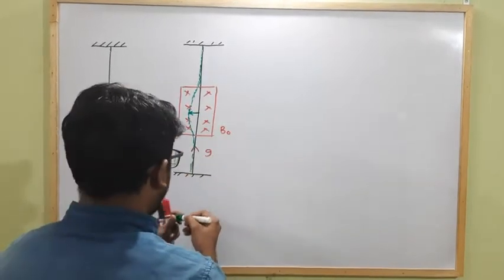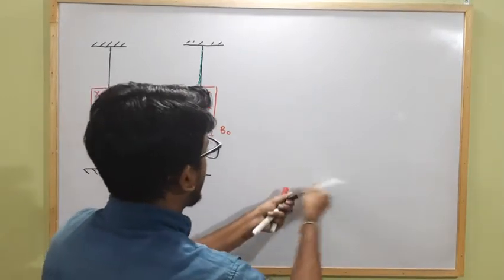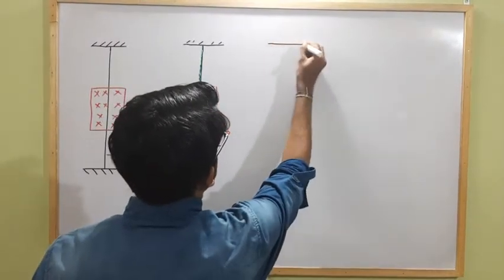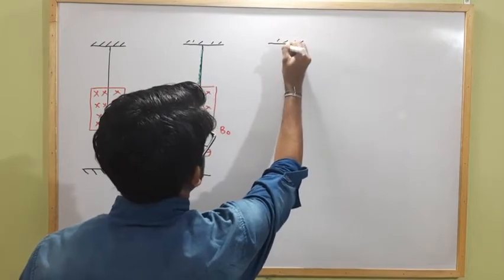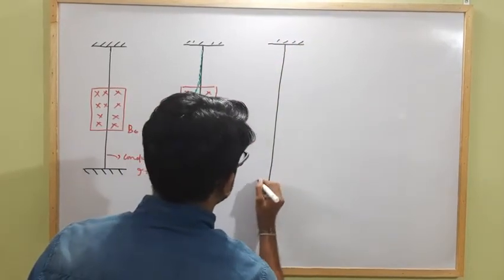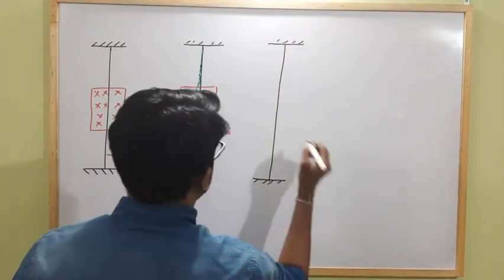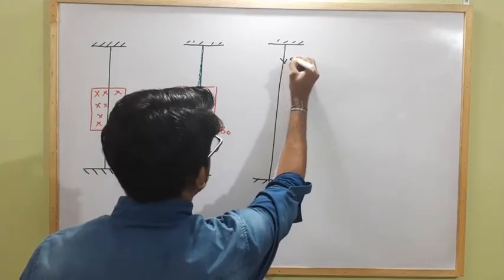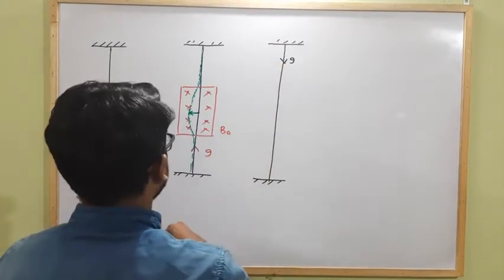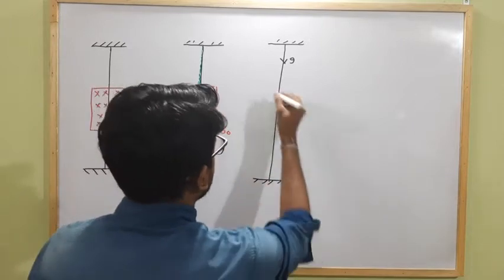And similarly, in the third case we change the direction of the current. The same conductor is here, with the current flowing like this, and here is the region of magnetic field strength B naught.